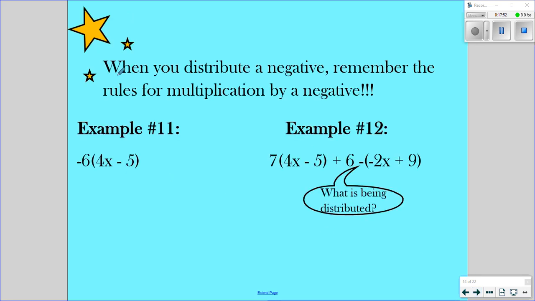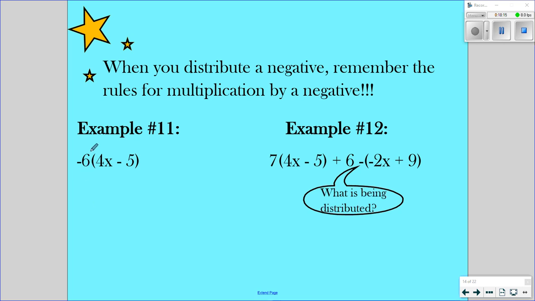Okay, so it says when you distribute a negative, remember the rules for multiplication by a negative. A negative times a negative gives you a positive, and a negative times a positive gives you a negative. So whatever sign is in front of the number belongs to that number. It's stuck together.